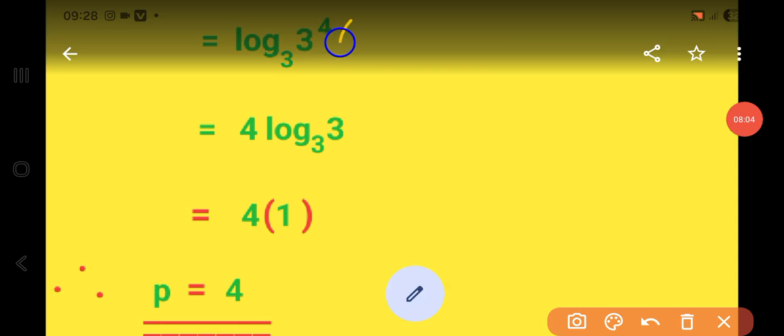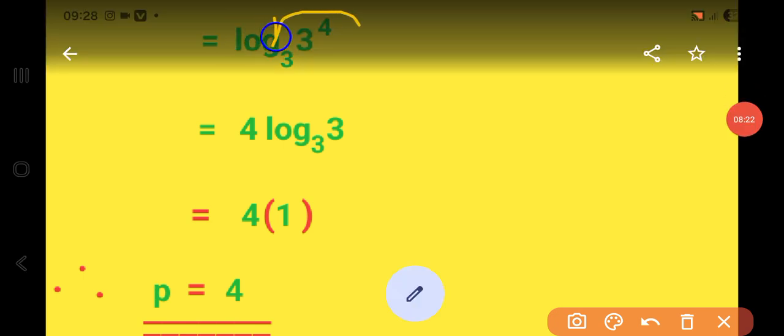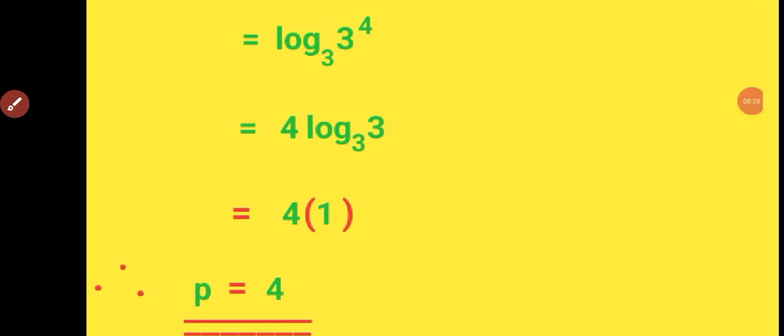Since we have 3 to power 4, and the number is again having the power, what we do is consider 3 to power 4, and since this 3 is also having power 4, we bring the 4 down here. In the next step, we have 4 log 3 of 3.